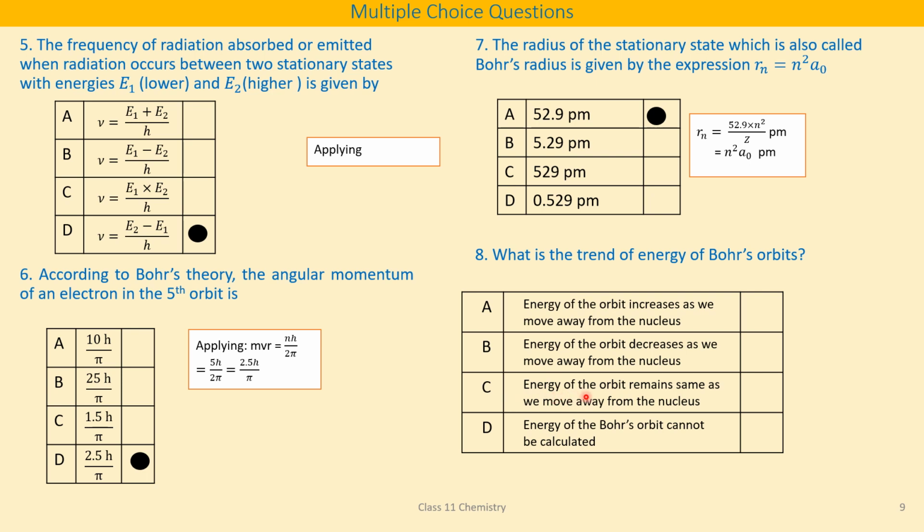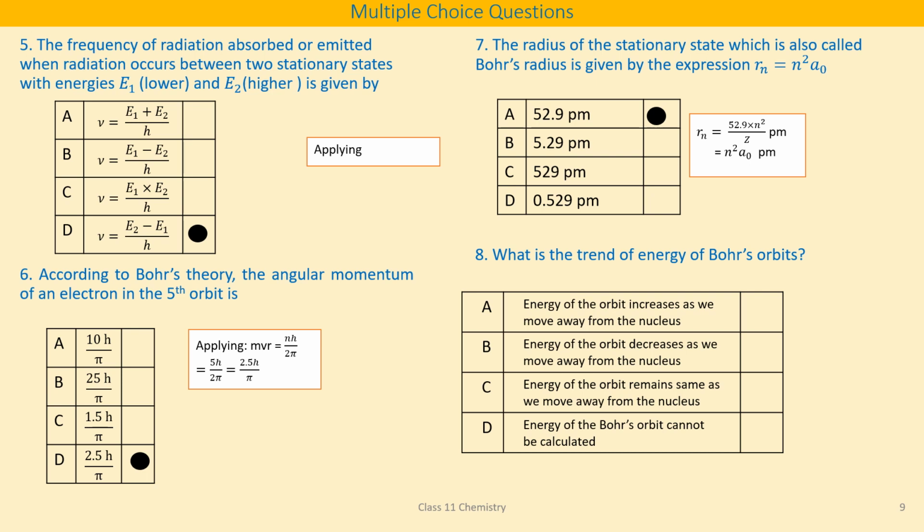Option C, energy of the orbit remains the same as we move away from the nucleus. And option D, energy of the Bohr's orbit cannot be calculated. Please remember and recall the correct answer and mark it.